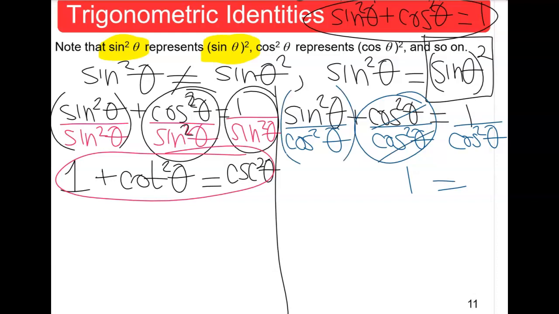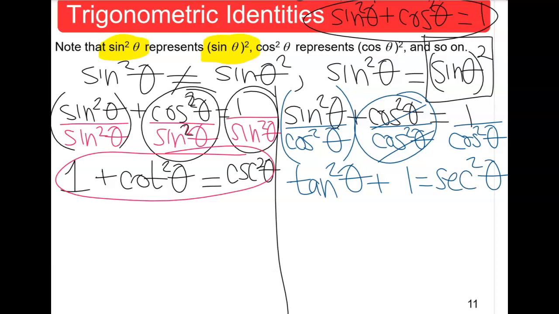Here, that resembles the quotient identity that equals tangent, but we're going to use tangent square theta. And for 1 over cosine, we're going to call that secant, because that is the reciprocal.